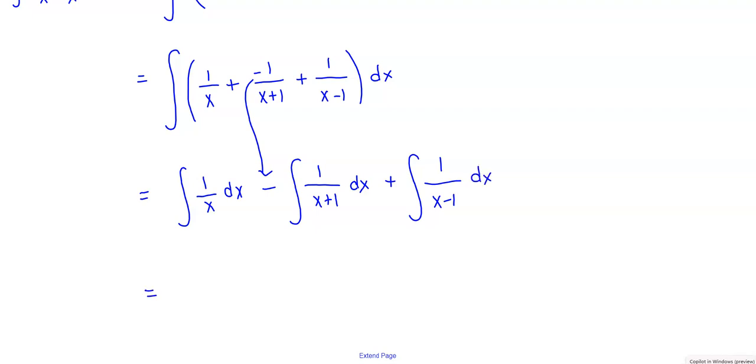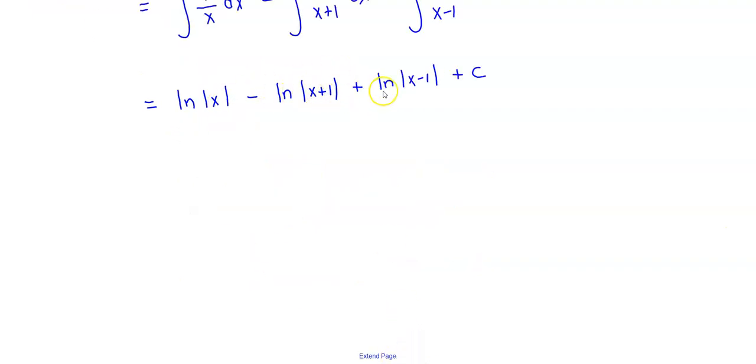So the antiderivative of 1 over x is going to be the natural log of the absolute value of x, minus the antiderivative of 1 over x plus 1, which is the natural log of the absolute value of x plus 1, plus the antiderivative of 1 over x minus 1, which is the natural log of the absolute value of x minus 1, and then that's plus C. So now if we want to condense this logarithm, we're going to bring the plus on this side.